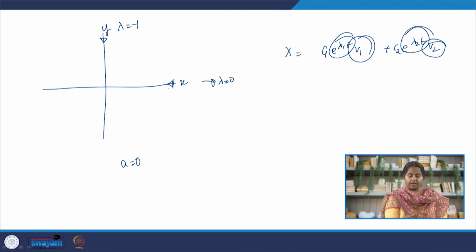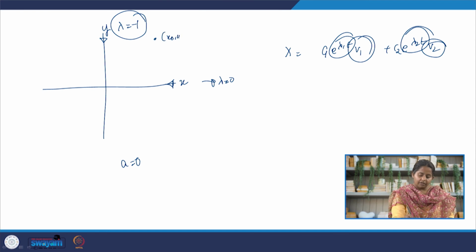So, if in the direction that is coincident with the x axis your lambda is equal to 0, there is no movement in that eigenvector direction. So, the only movement we will see is in the direction of the eigenvector corresponding to lambda equal to -1. So, let us say this is my starting value x0, y0.